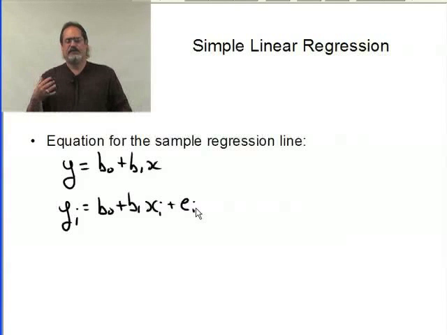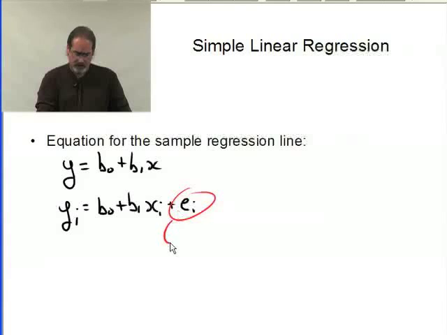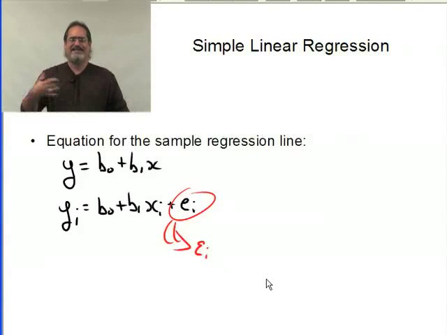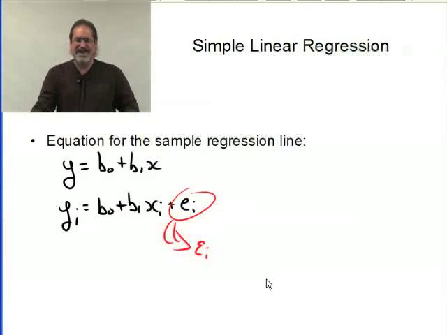Now, just like we've been doing all semester long, we use sample statistics to infer about population parameters. So we will use the ei's to make inferences about the epsilon i. So the distribution of the sample errors, we will use that to make inferences about the distribution of the population errors.